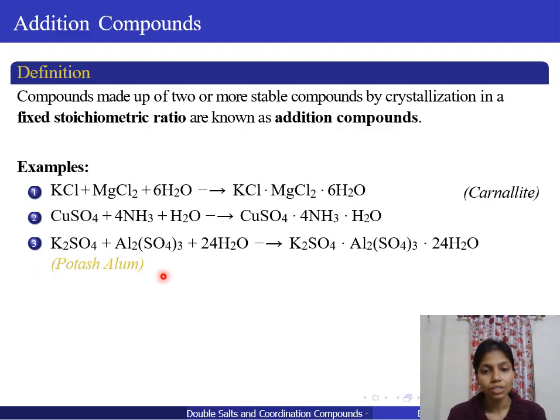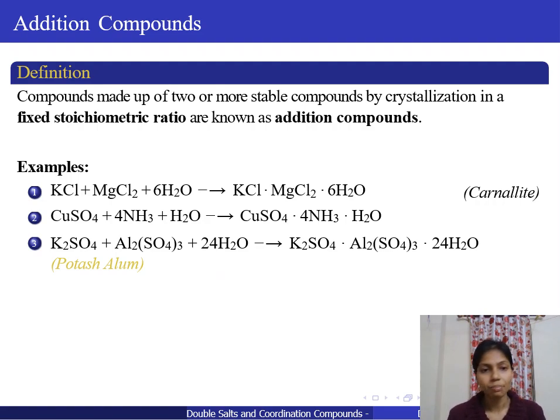Similarly, the last one is potash alum, which is formed from potassium sulfate and aluminum sulfate, two stable salts, right? So these are all addition compounds, and they were mixed in a fixed stoichiometric ratio. That's why the addition compound formed.